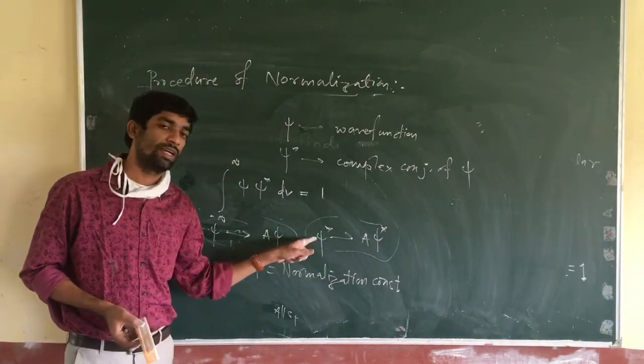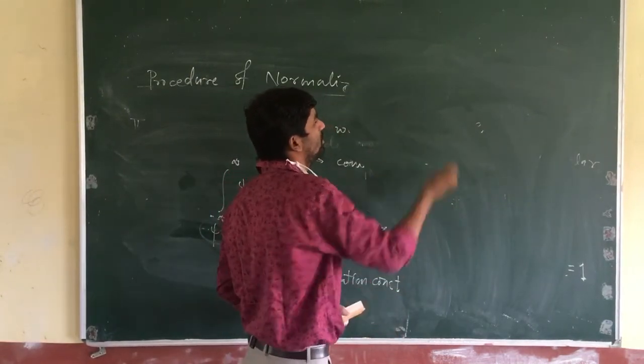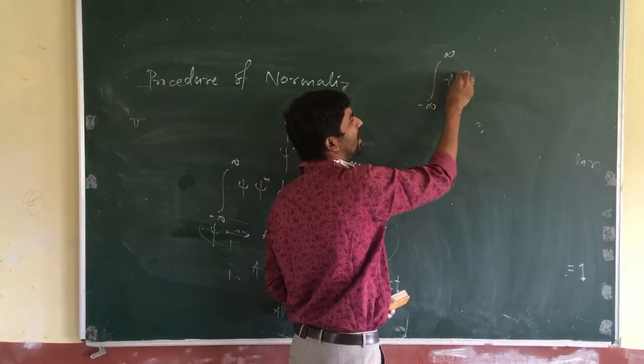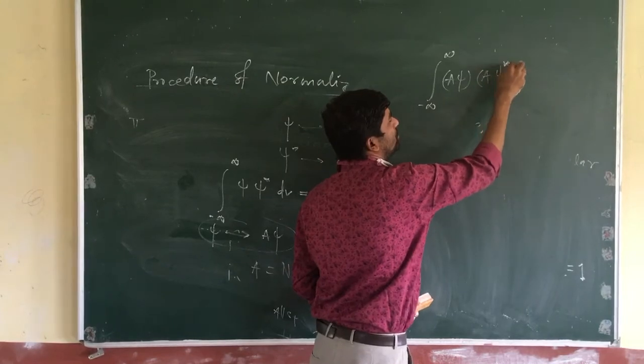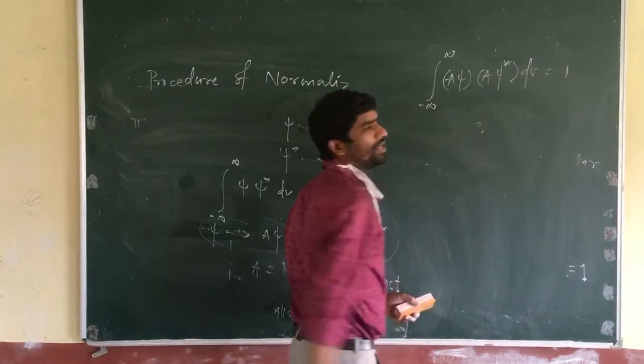Now, if you substitute psi with A psi and psi star with A psi star, the psi conjugate, how will the equation be? This will be the integration from minus infinity to plus infinity of A into psi, A into psi conjugate, into dv, equals 1.